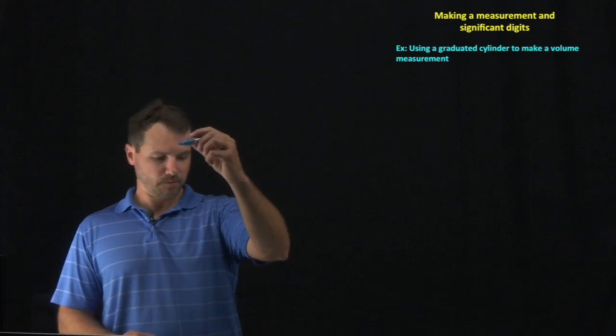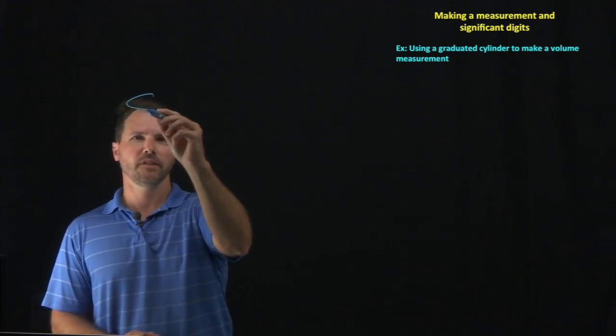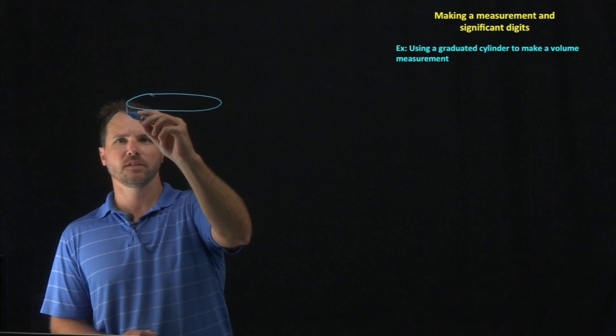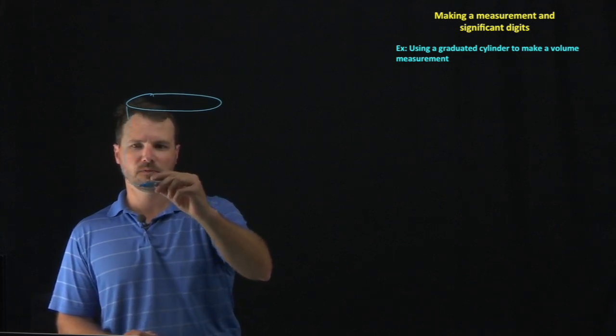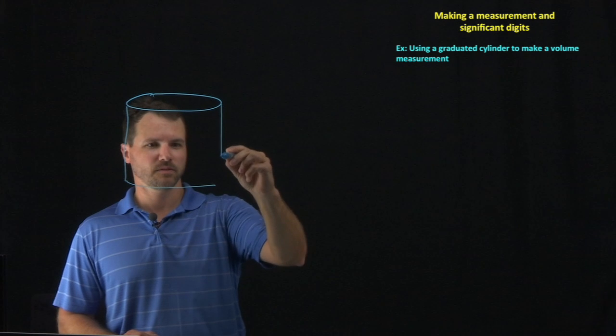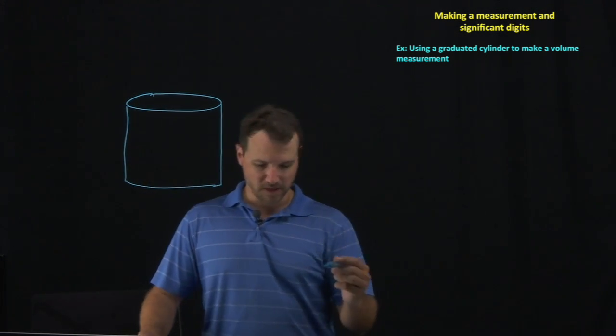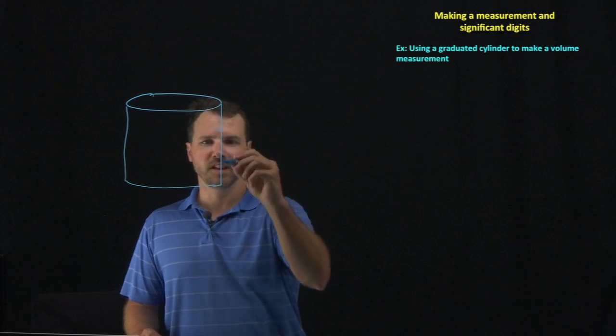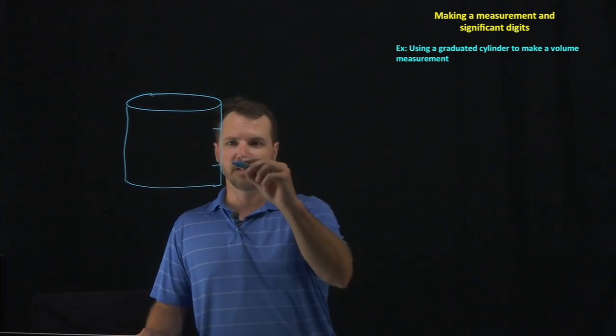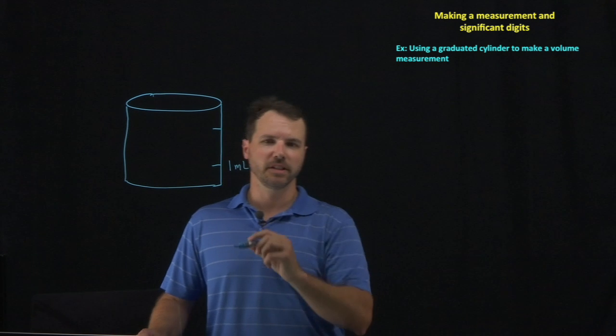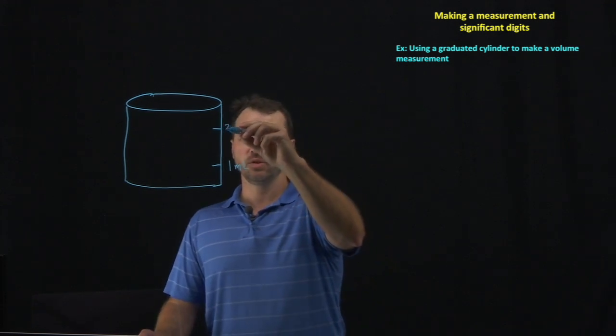So I'm going to draw a very crude beaker. Let's just pretend that we have 2 marks to measure, one that can measure 1 milliliter, and one that can measure 2.